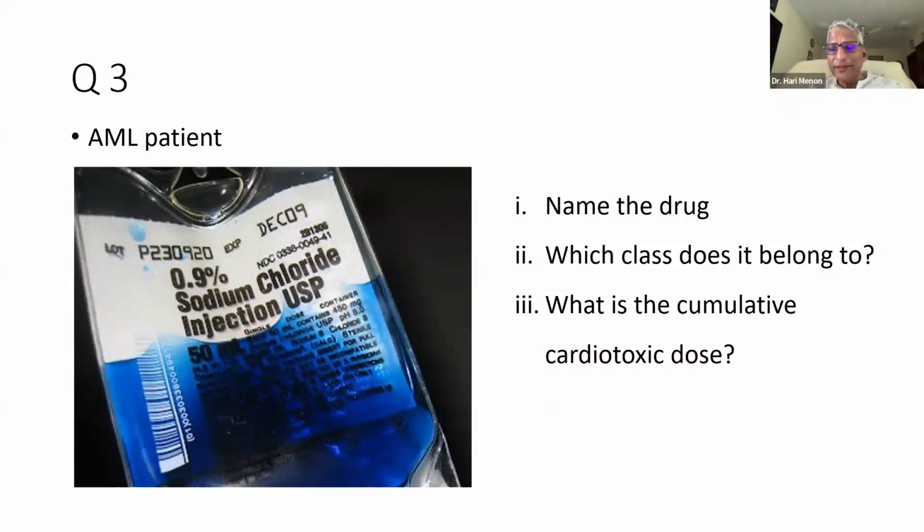We generally don't do magnesium levels, but we give magnesium supplementation because unless you give magnesium supplementation, potassium correction can never take place, and so you'll have persistent hypokalemia, which will again increase the chances of QTC prolongation, which can be problematic. So that's just a point that you need to keep in mind when you are treating APML patients.